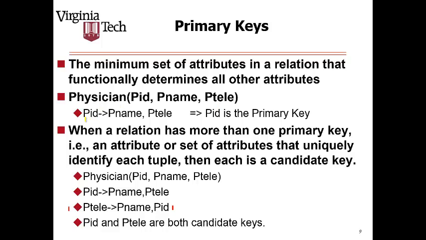And here would be our typical situation where we would want to have a PID. A physician ID functionally determines a physician name and physician telephone, where the physician ID is the primary key. If there is more than one candidate key, we have to select one.